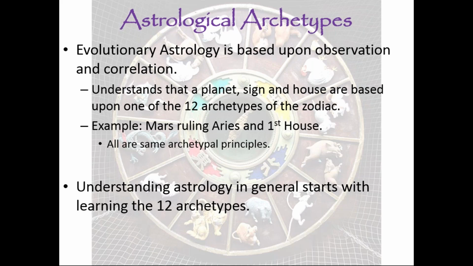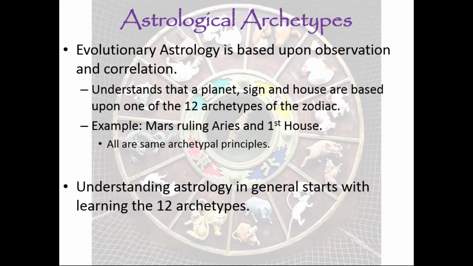For example, Mars rules Aries, and Mars rules the first house. So Mars, Aries in the first house is one archetype, and they all share the same archetypical principles, even if we're going to apply them, Mars being the planetary energy, Aries being a sign on a certain house.